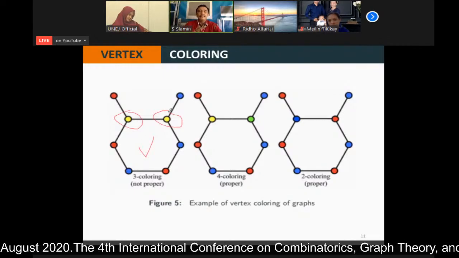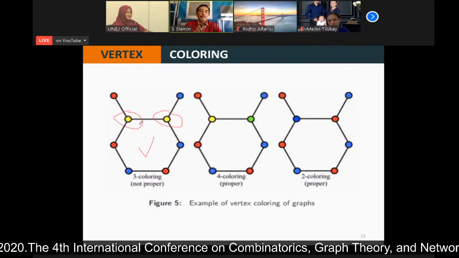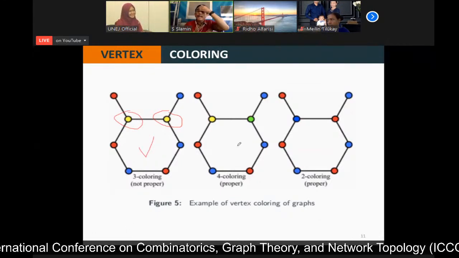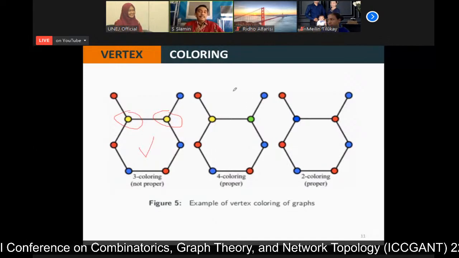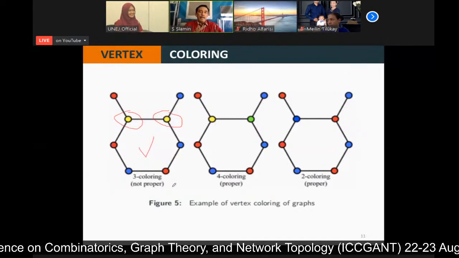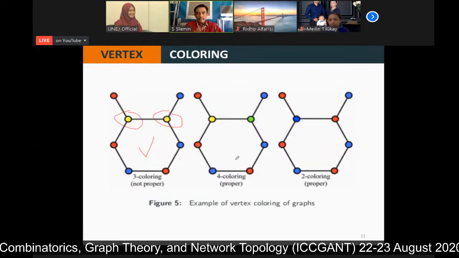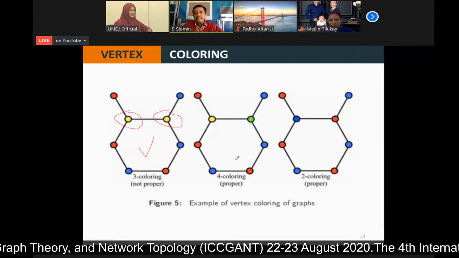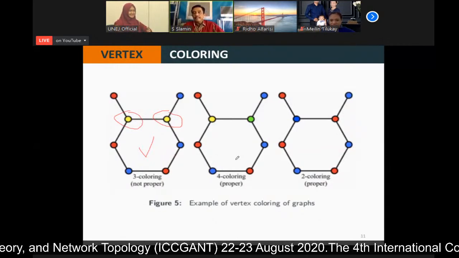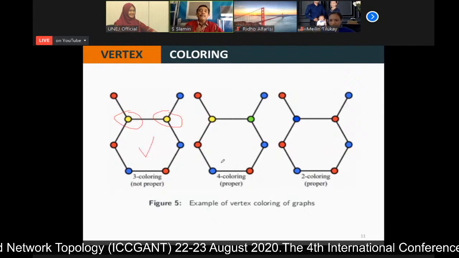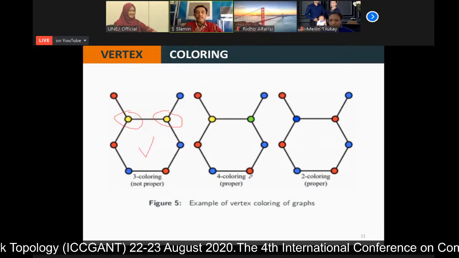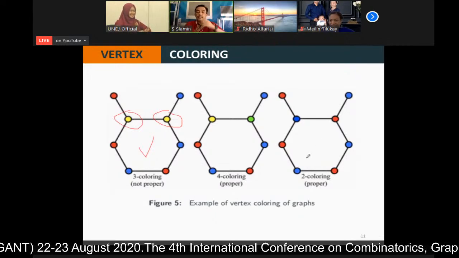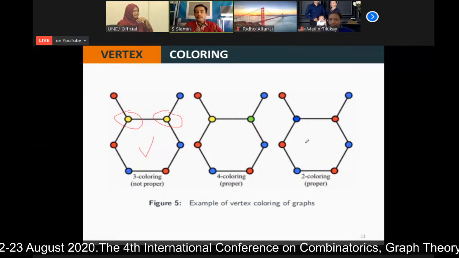You can see here the two adjacent vertices have yellow colors. The next one is also a coloring, and this coloring is proper. You can see no adjacent vertices have the same color. All adjacent vertices have different colors. But this is not optimal, because we can have a better proper coloring which only uses two colors.